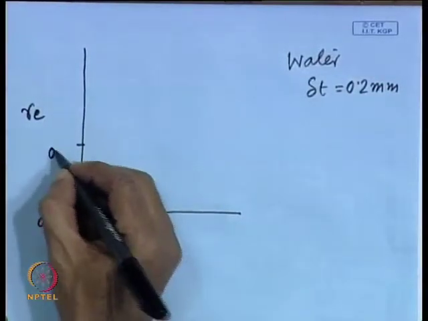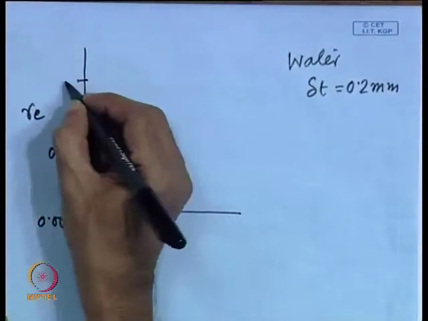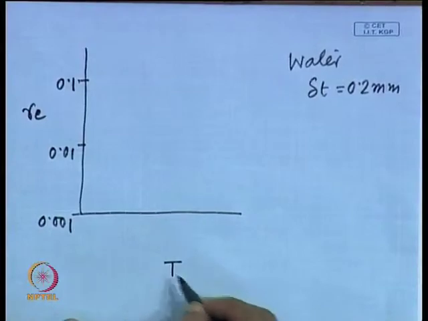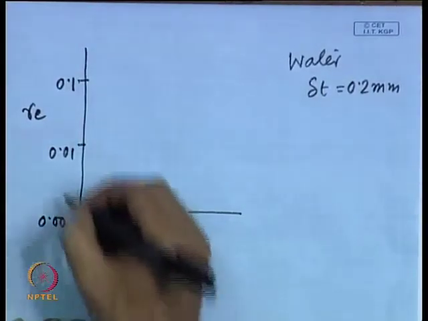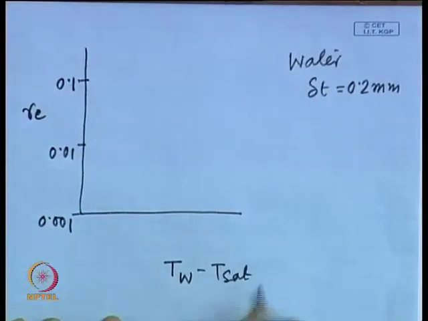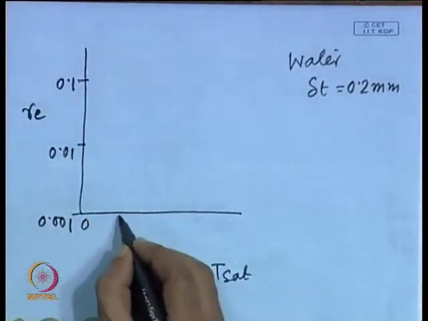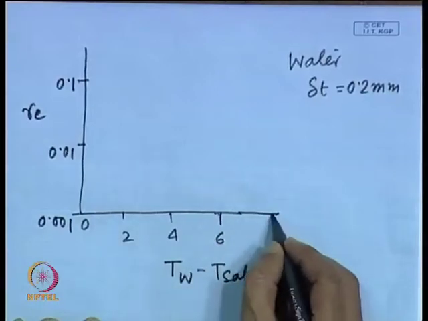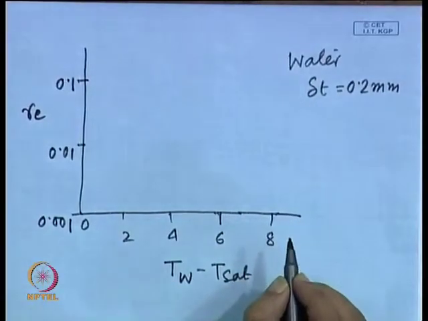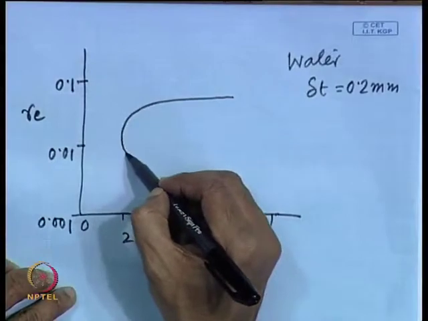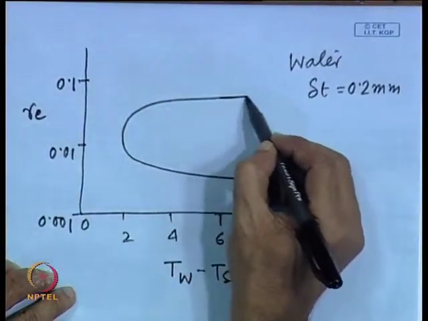So, we have got 0.01, then we have got 0.1. So, these are different dimensions, in millimeter, and this side we have got T w minus T sat, the degree of superheat. So, 0, we have got 2, 4, 6, 8 like that. So, the curve which we will have is something like this.